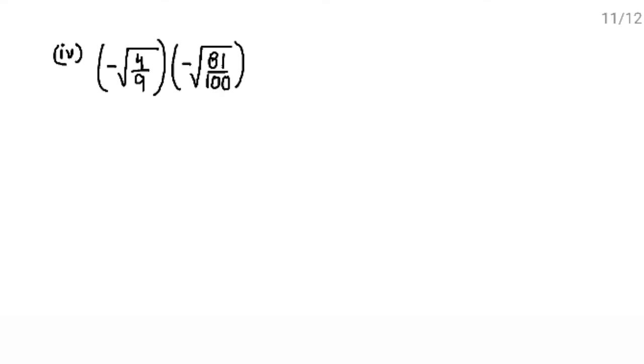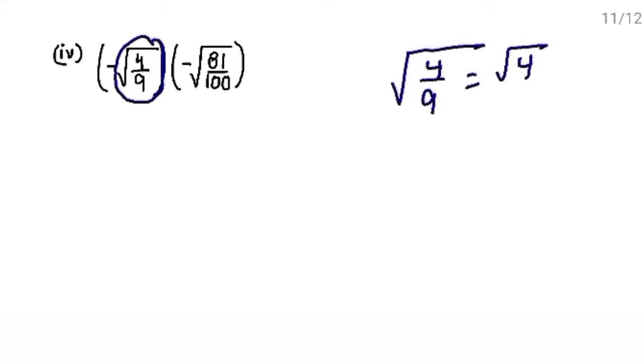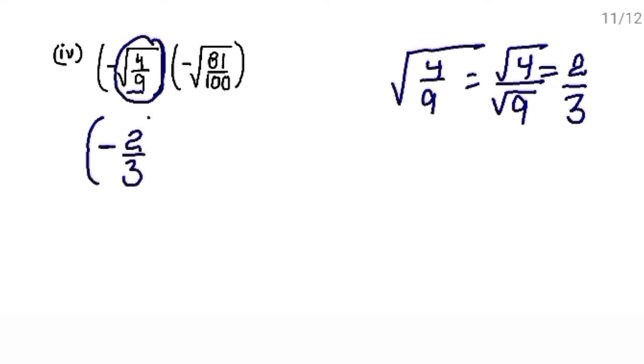Next, again, firstly find the square root of this 4 upon 9. It means find the square root of 4, find the square root of 9. 2 twos are 4, so its square root will be 2. 3 threes are 9, so its square root will be 3. So in place of this, put 2 upon 3. Similarly, solve this part.